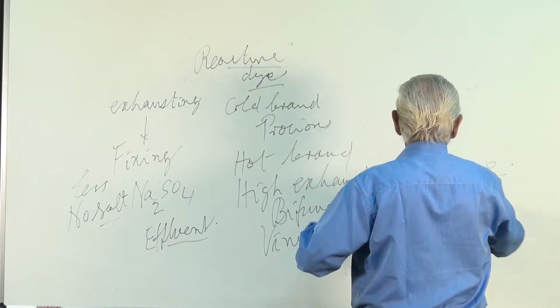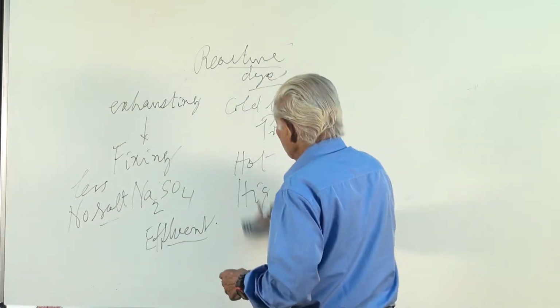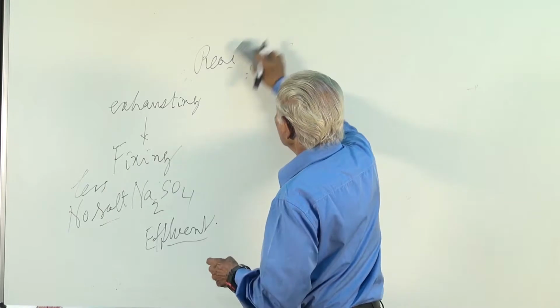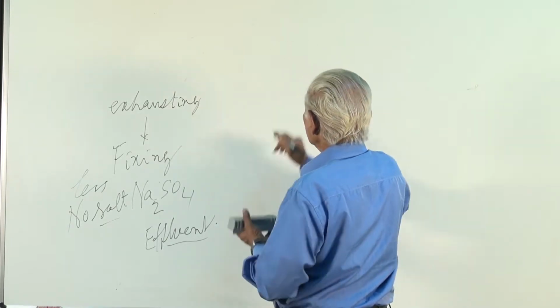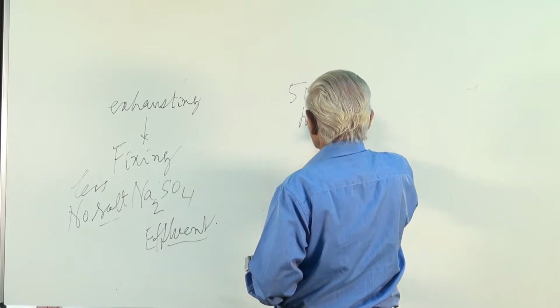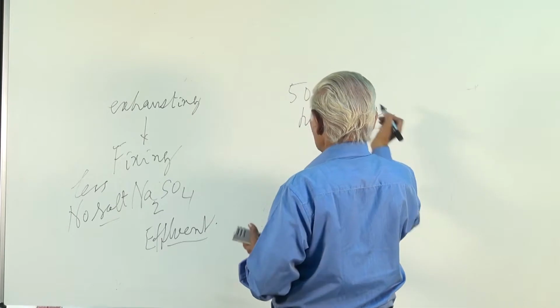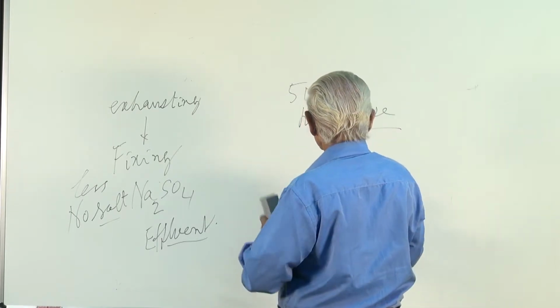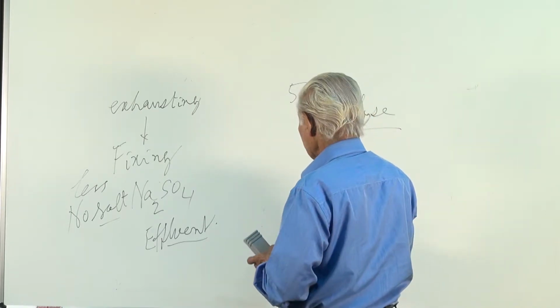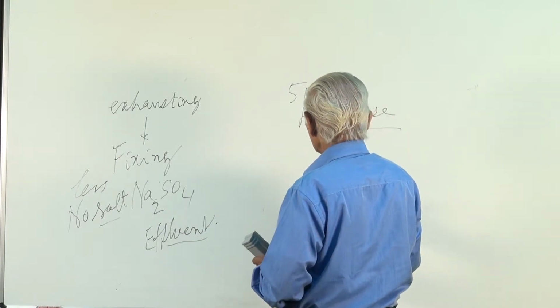Another problem that is involved in this reactive dye is that some 40 to 50% of the dye is hydrolyzed, and then the dye becomes like a direct dye. So certain compounds are added to the dye bath to see that the hydrolyzation does not occur and the full advantage is taken of the reactive dyes.